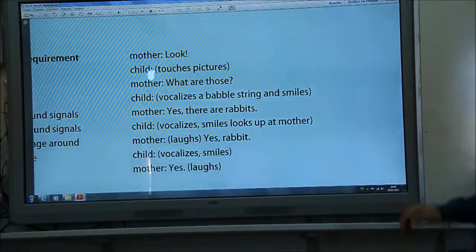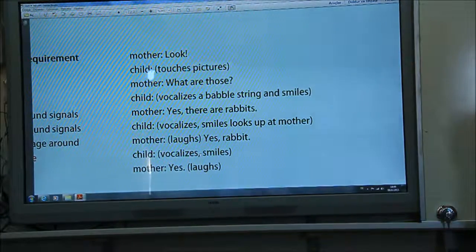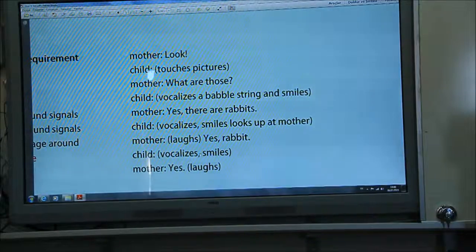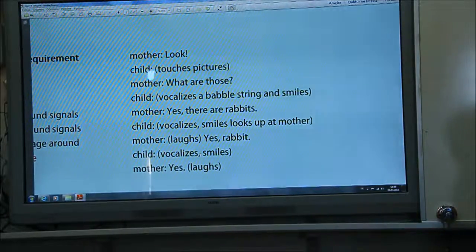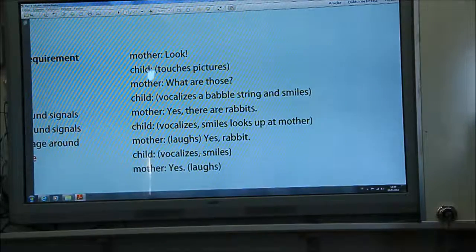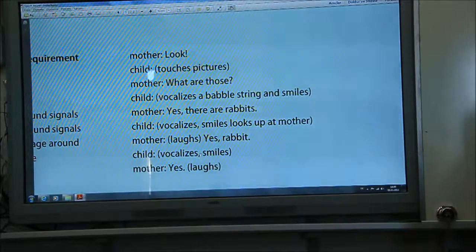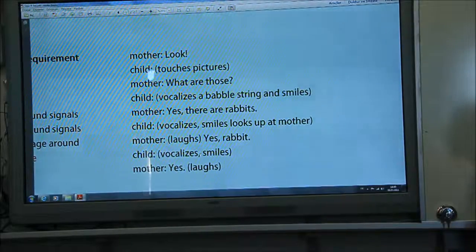Right, now there's a conversation example here. Say, mommy says, look, child, touch this picture. There's a picture. The child doesn't reply, doesn't send signals back, but just touches the picture.